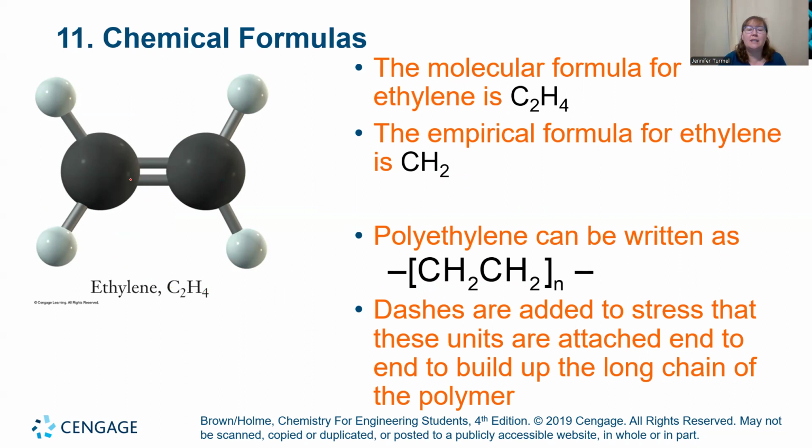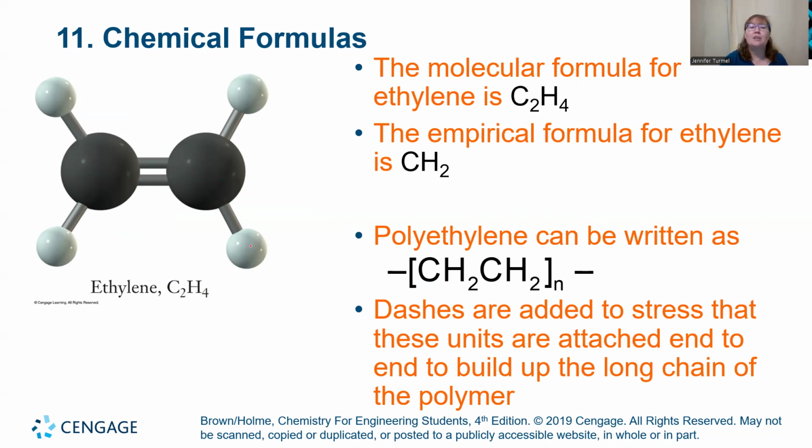And that's because what we do with this is we basically string these together to make a long chain for polyethylene. And one of the things that we'll be doing later is we'll be learning how to create this polyethylene chain.